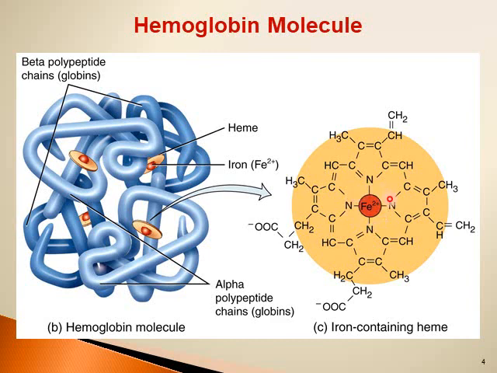Since we have 4 heme rings in one hemoglobin molecule, one hemoglobin molecule can carry 4 oxygen molecules. So when a hemoglobin molecule is fully saturated with oxygen, it is carrying 4 oxygen molecules.